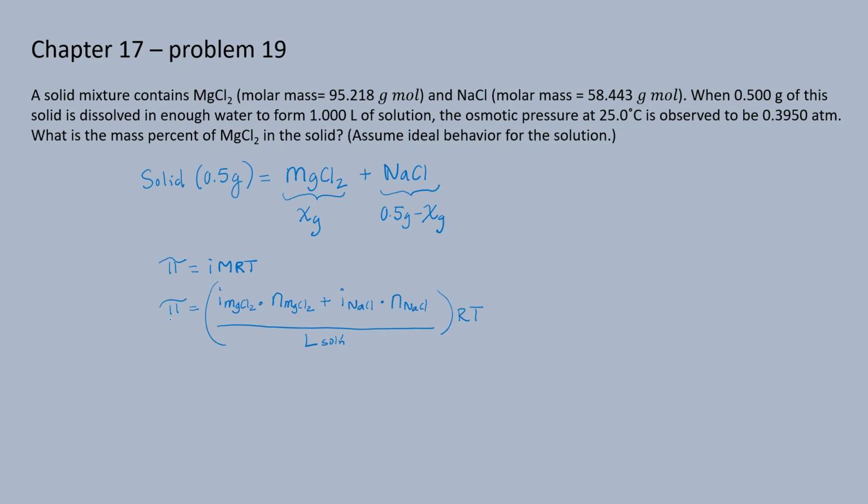So they tell us that the solution has an osmotic pressure of 0.395. So the i for MgCl2 is 3. And to get the moles, I would take X grams and divide it by its molar mass. So the molar mass of MgCl2 is 95.22 grams per mole.